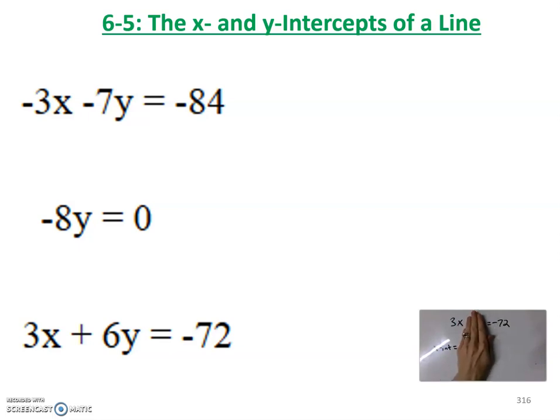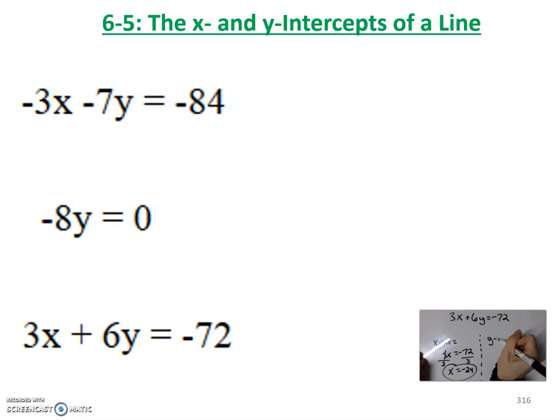So I'm left with 3x equals negative 72. And now I just have a one-step equation. 3 times x, so I divide by 3. Again, I'm solving for x. This becomes 1x, or x equals negative 72 divided by 3, which gives me negative 24. So my x-intercept is negative 24.